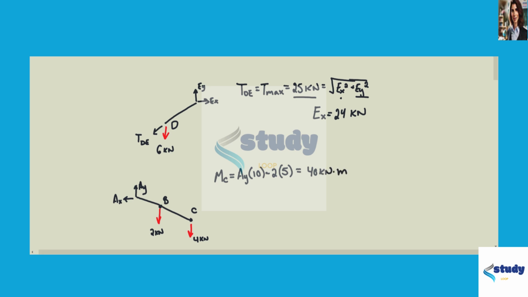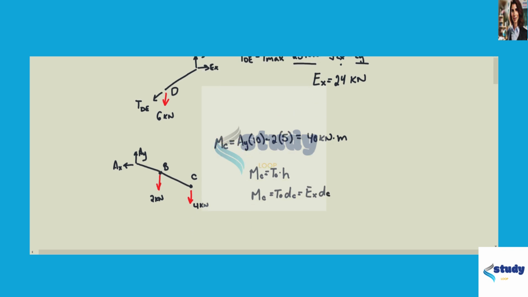From problem 119, we know that MC equals T naught times H, but in this problem, MC will equal T naught times dC, or EX times dC, because in this problem, T naught is EX.